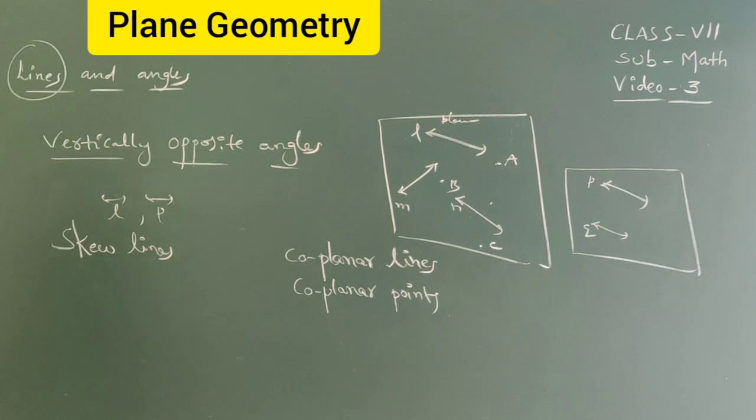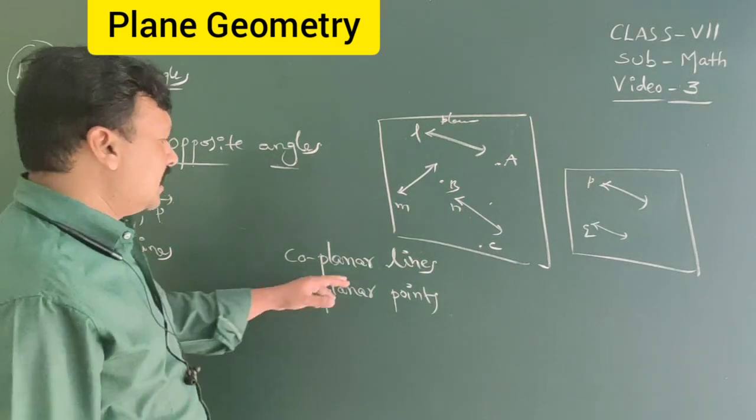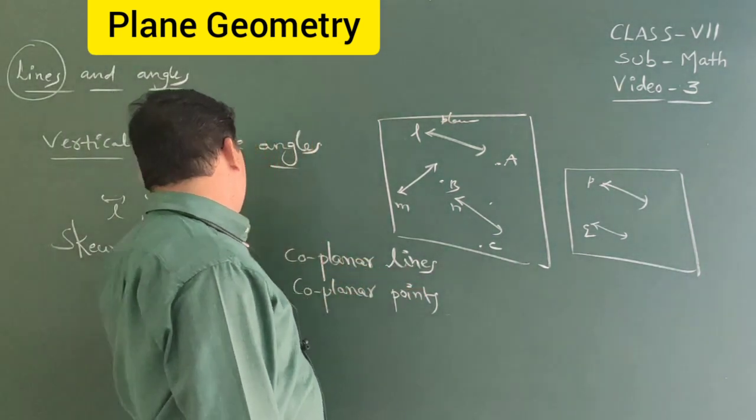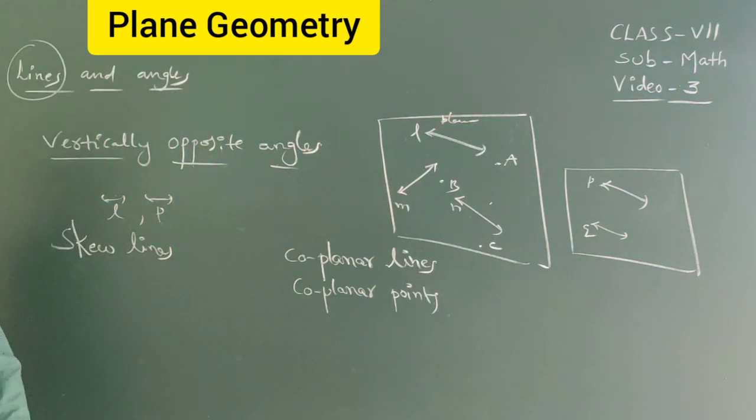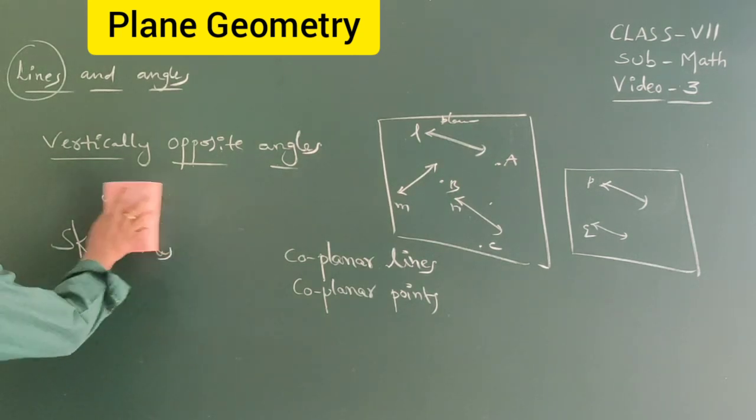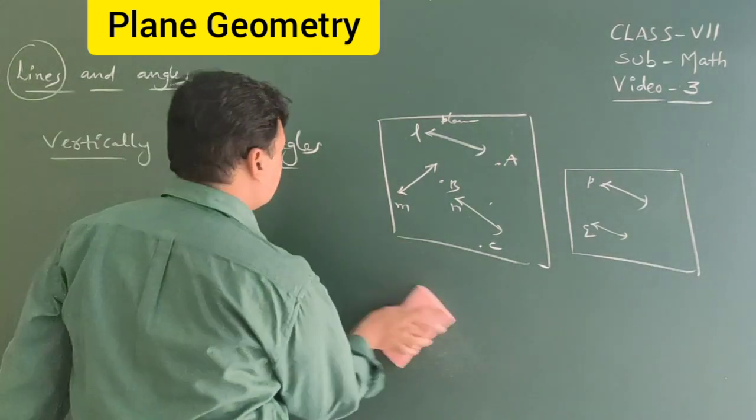The lines which are lying in different planes are called skew lines. Lines lying in the same plane are called coplanar lines. Lines lying in different planes are called skew lines. Important: coplanar lines and skew lines.